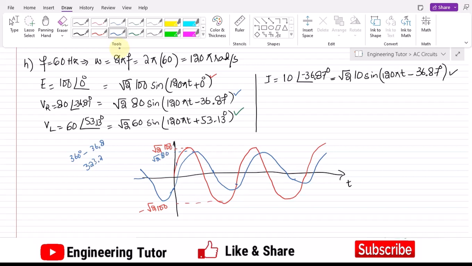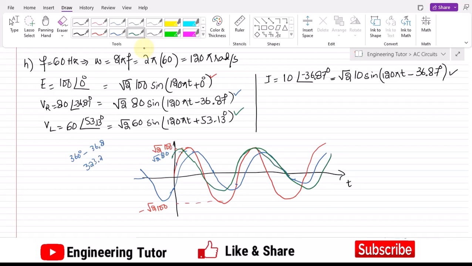Similarly, for V of L, the angle is 53.13 degrees, and I am going to represent it with this one. So 53.13 degrees lies somehow here. This is the 90 degree, this is 45, so it almost lies here. Okay, I think here I have made some mistake.